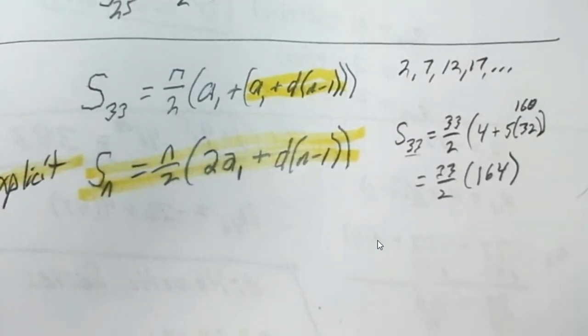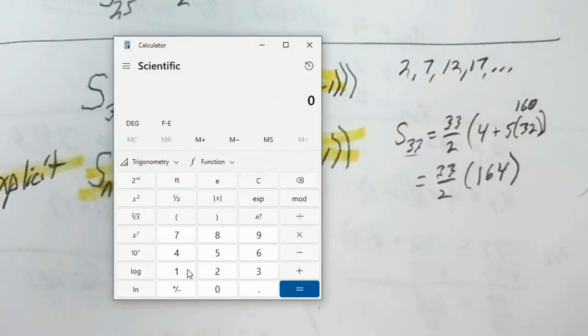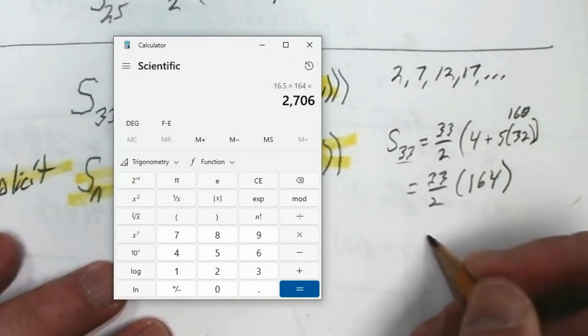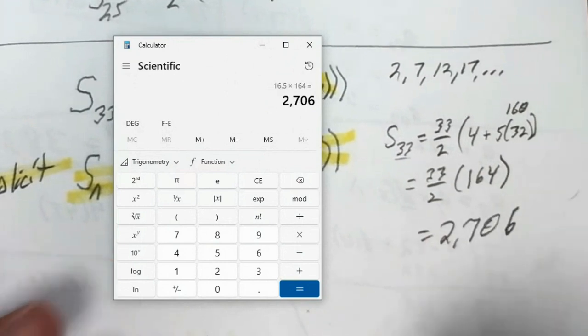So we take 164 times 33 halves. All right, 16 and a half times 164. That's what it adds up to. 2,706.